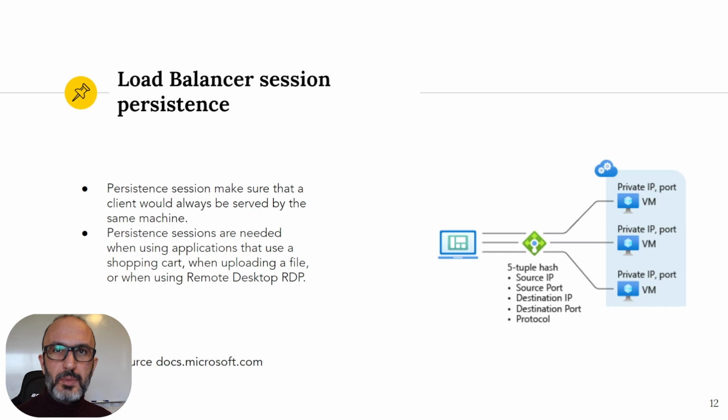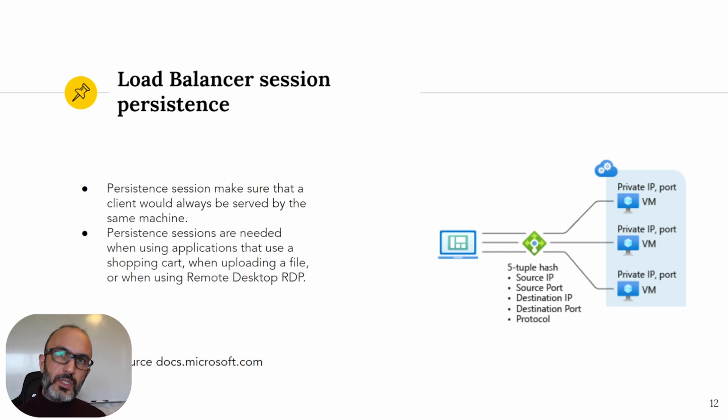The final concept that we'll talk about today in the Azure Network Load Balancer is called session persistence. By default, the Azure Network Load Balancer distributes traffic equally between your virtual machines based on a hash calculation called a 5-tuple hash, which uses the source IP of the traffic, destination IP, source port, destination port, and the protocol.